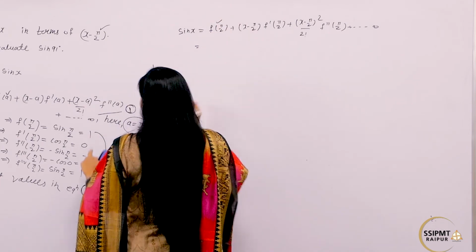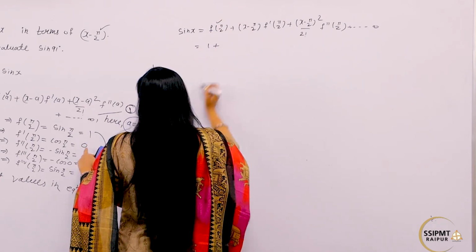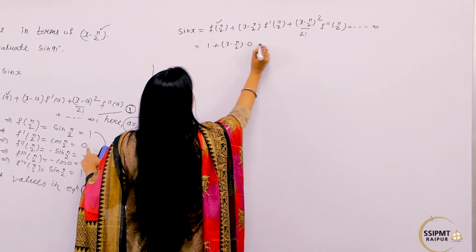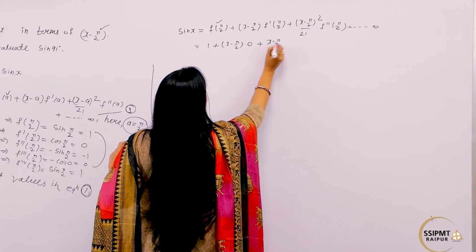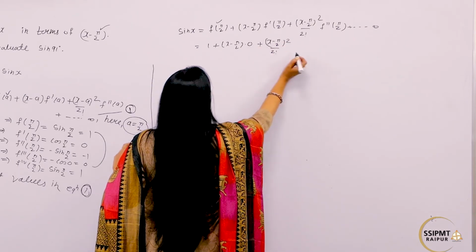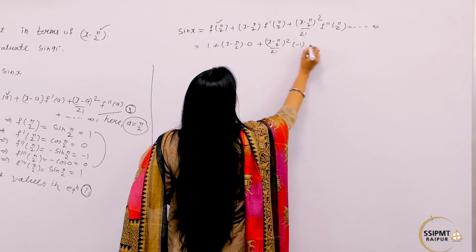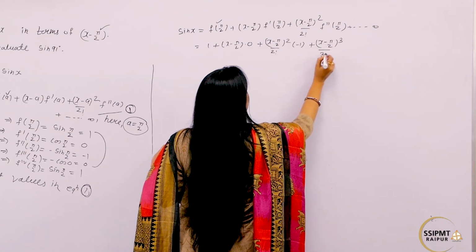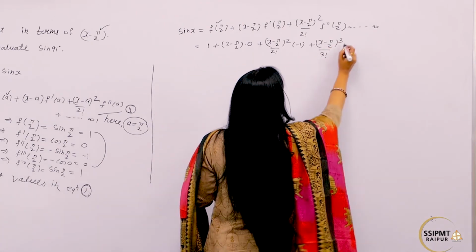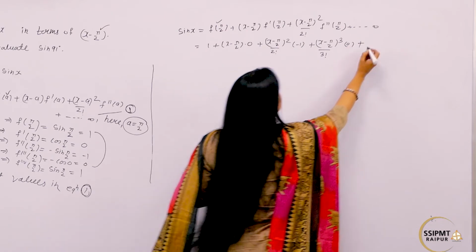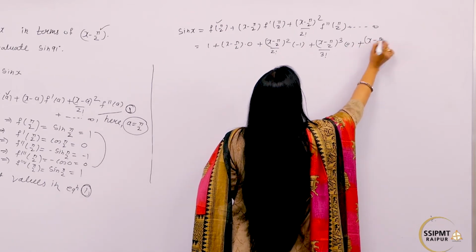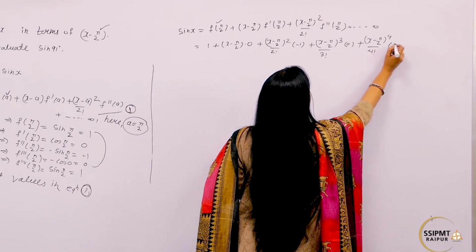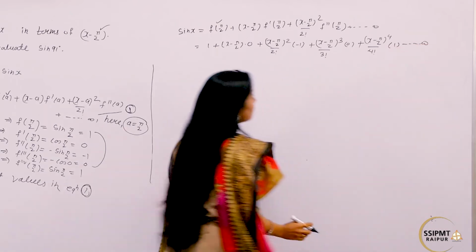So f pi by 2 was 1 plus f dash pi by 2 was 0, so it will be x minus pi by 2 into 0 plus x minus pi by 2 whole square by factorial 2 into minus 1 plus x minus pi by 2 whole cube by factorial 3 into 0 plus x minus pi by 2 whole to the power 4 by factorial 4 into plus 1 and so on up to infinity.